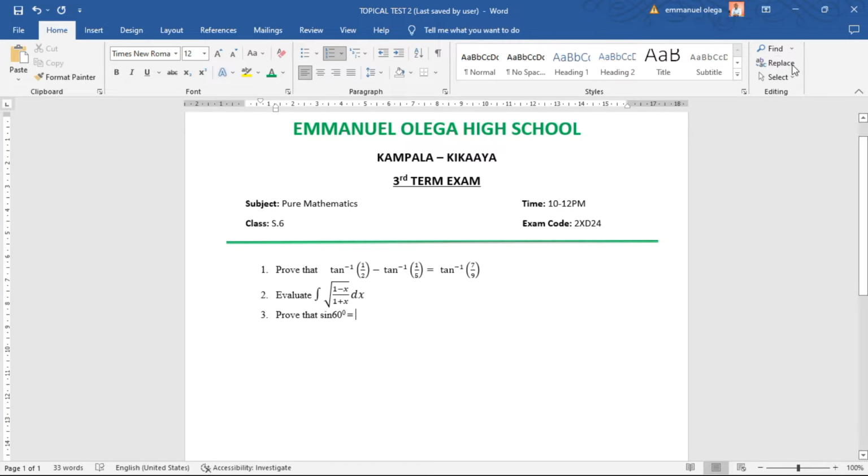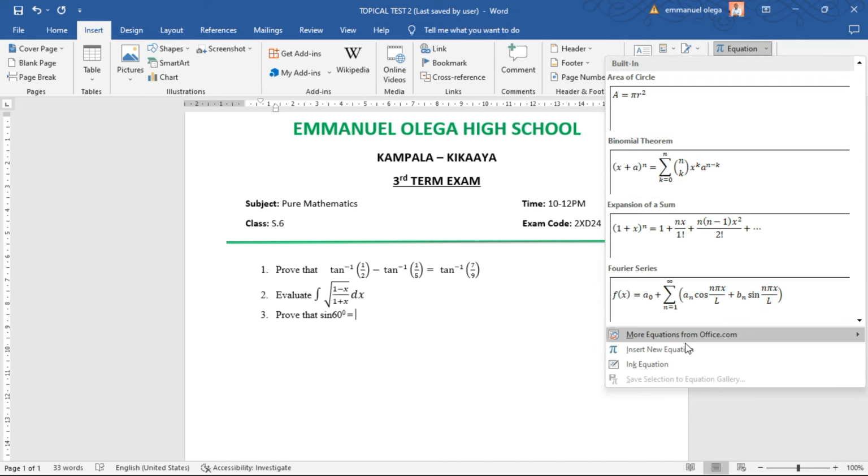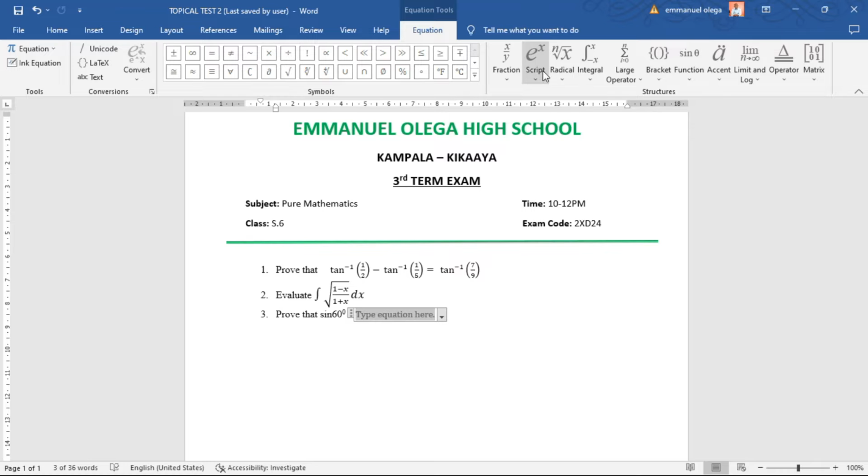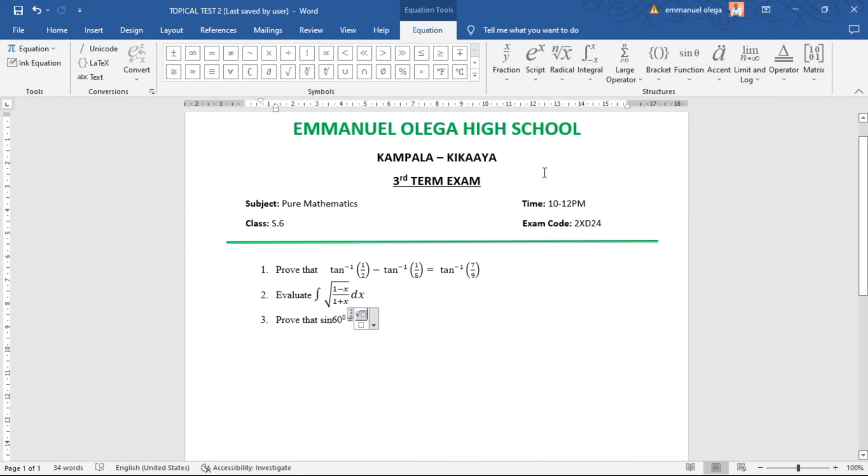Is equal to root 3 over 2. So I'm going to insert a fraction. Let's go to where you have fractions right there. I'm going to select the upper one. I'm going to select this, root 3 over 2.